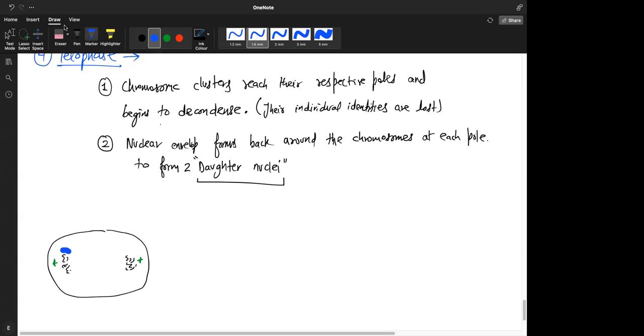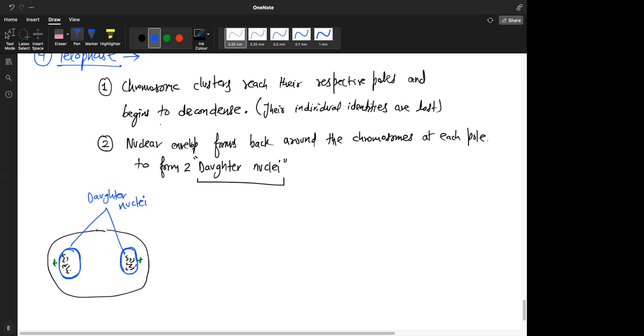So nuclear membrane will start developing around it, at both the ends. So these are daughter nuclei.